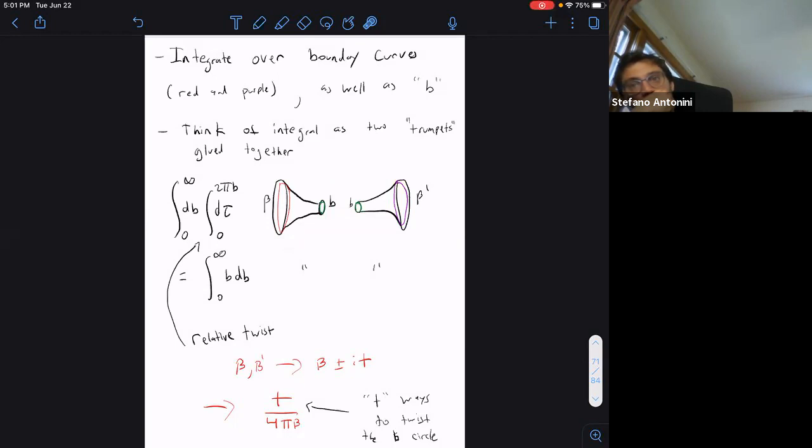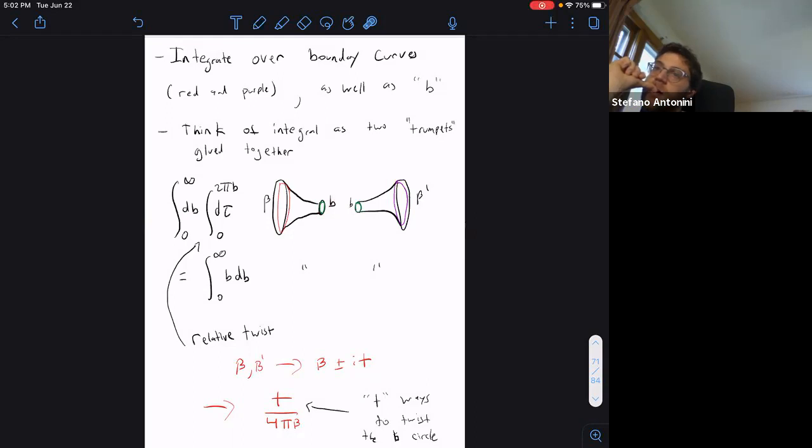It turns out, and we'll say some words about how to justify this tomorrow, that this is the measure for integrating over the twist and the size b. The twist you integrate from 0 to 2 pi b. You're not integrating 0 to 2 pi like an angle; you're integrating over the length you twist by, which is the length of this circle, 2 pi b, where I've defined b to be like the radius.